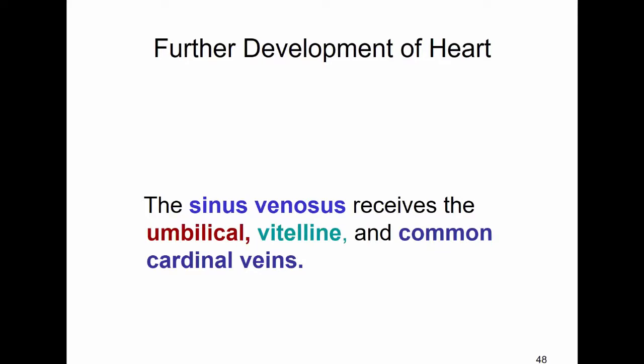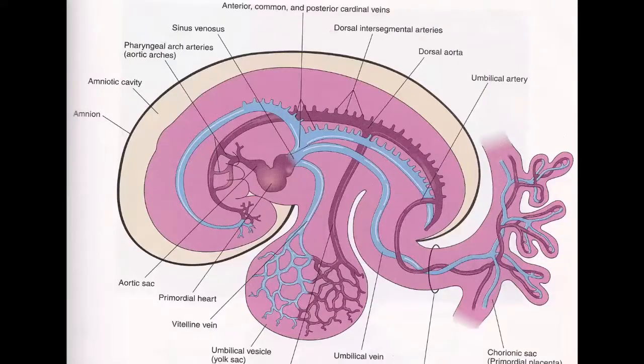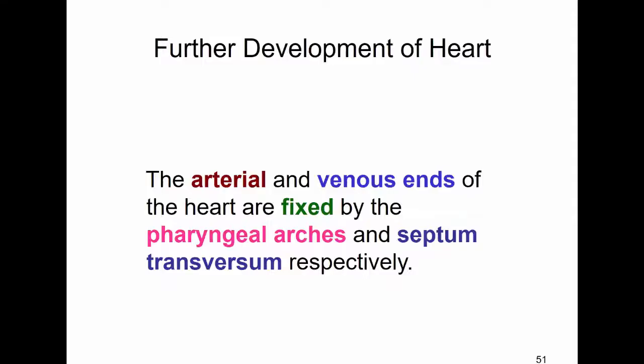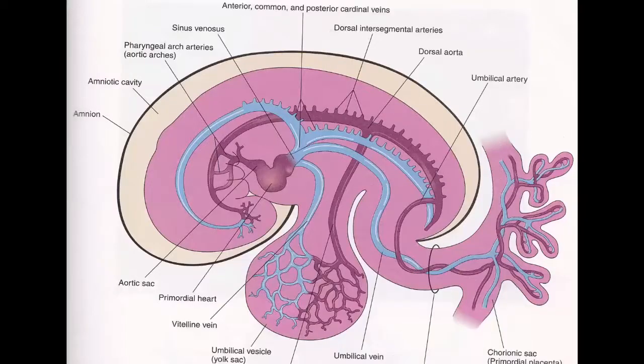And we have already told you about the sinus venosus. Now, the arterial and venous ends of the heart are fixed by the pharyngeal arches and the septum transversum. They are telling that this end and this end of the heart are fixed.